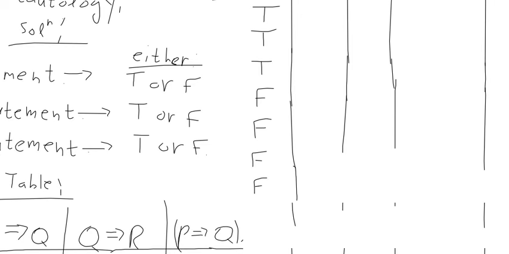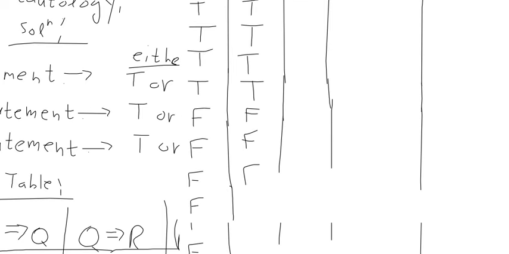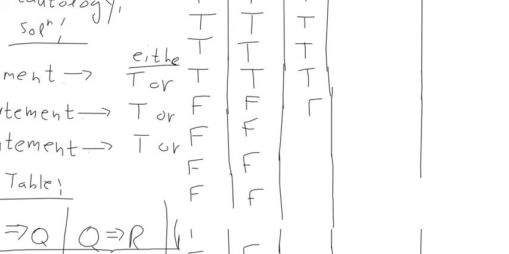In other words, only half of them can be true and the other half can be false. Okay, so that's for P. Then for Q, same thing. True, true, true, true, false, false, false, false. Same thing for the other statement variable R. True, true, true, true, false, false, false, false.